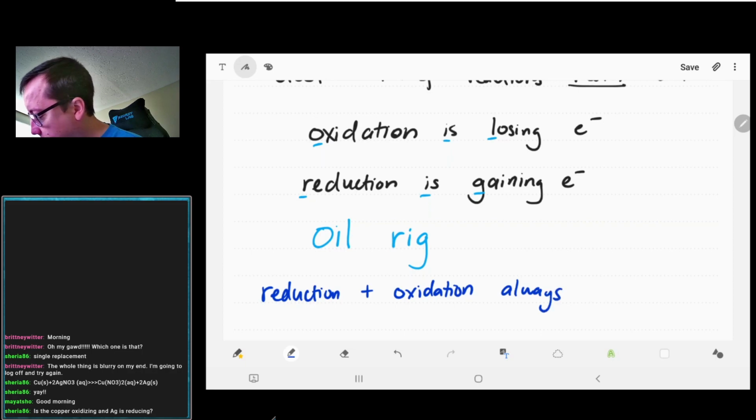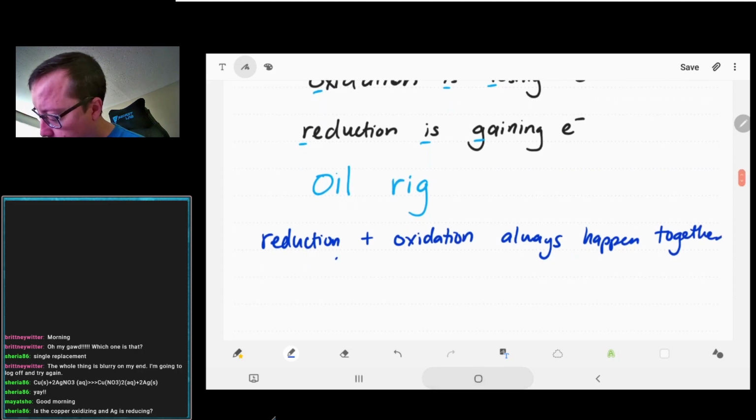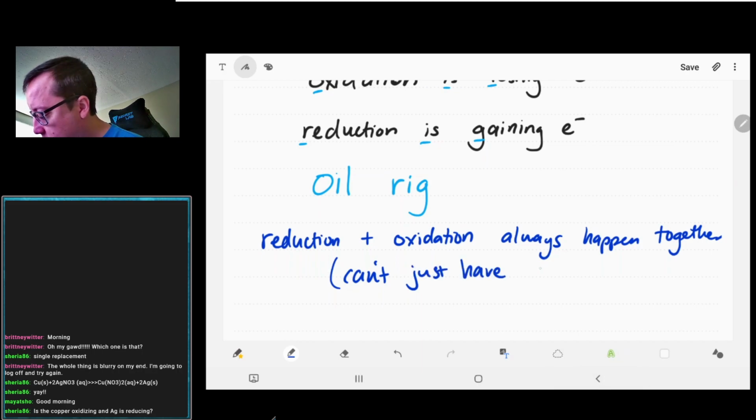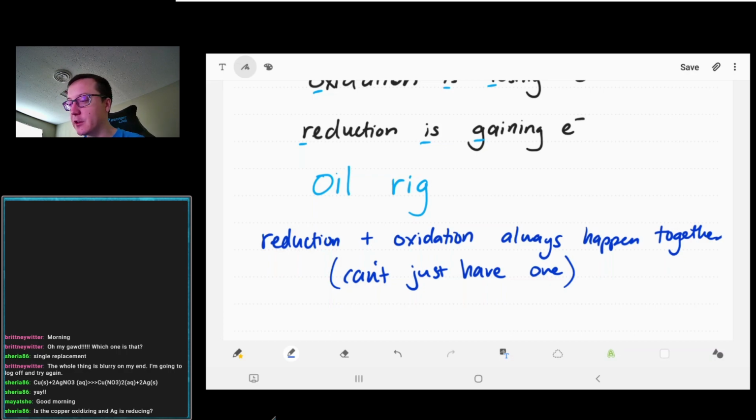These two always happen together. Meaning you can't just have one of them. You can't just have an oxidation. There has to be a reduction happening as well, because the electrons have to go somewhere.